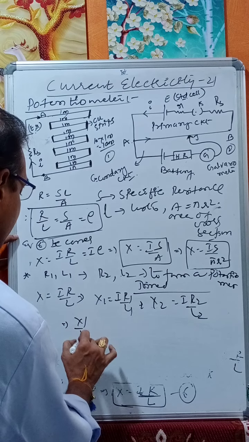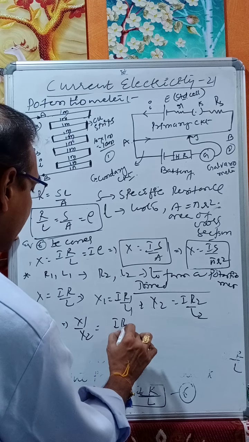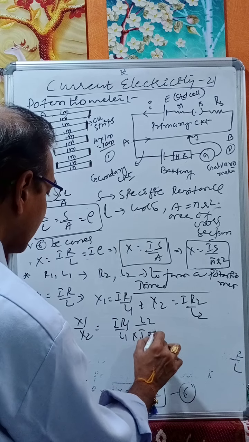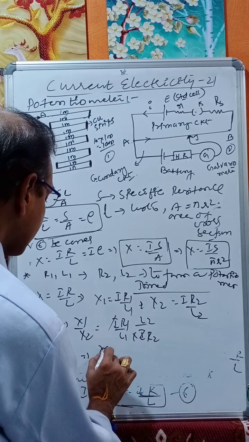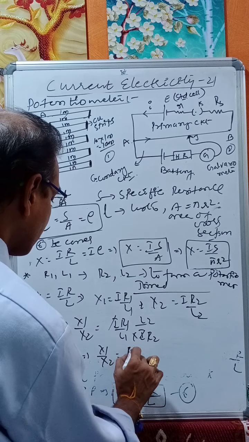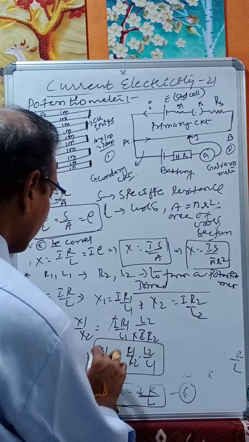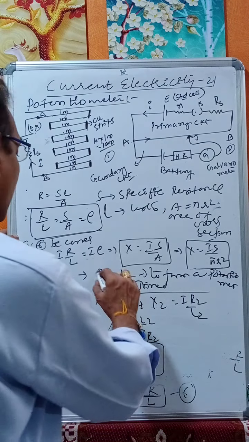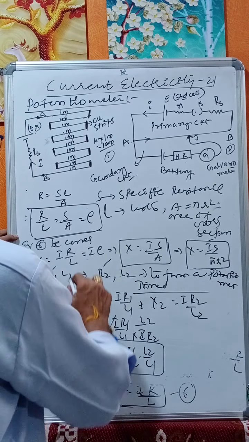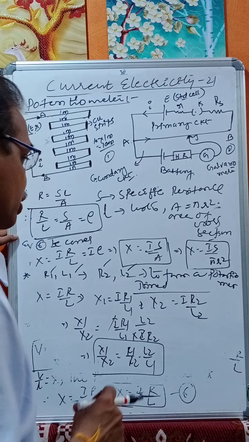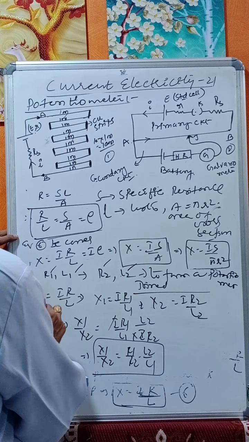Then X1 by X2 is equal to I R1 by L1 into L2 by I R2. I gets cancelled, so X1 by X2 is equal to R1 by R2 into L2 by L1. If two wires of resistances R1 and R2 and lengths L1 and L2 are joined to form a potentiometer, what is the potential gradient?